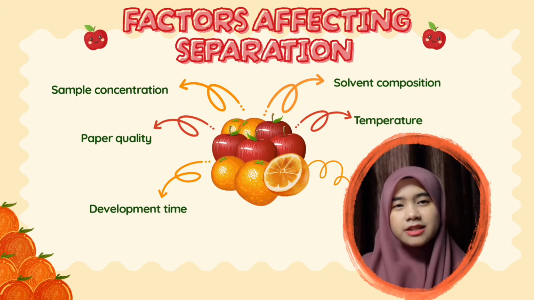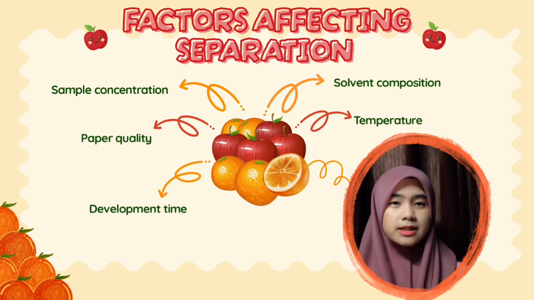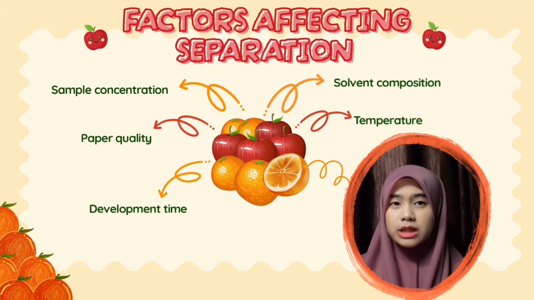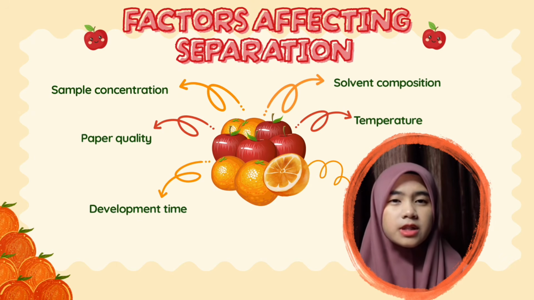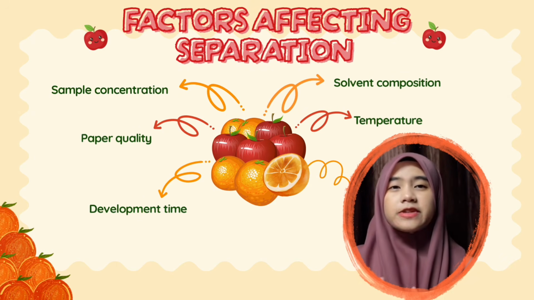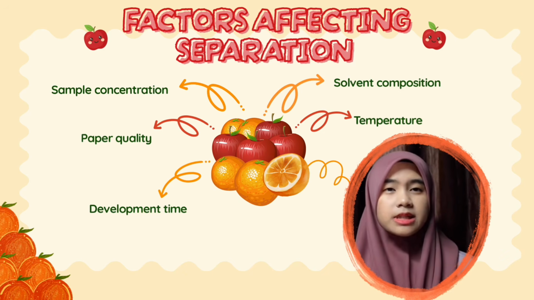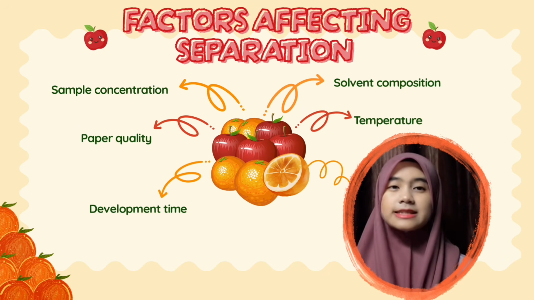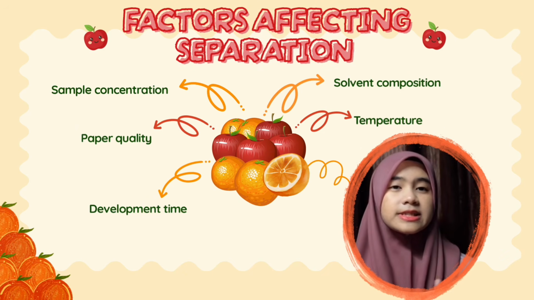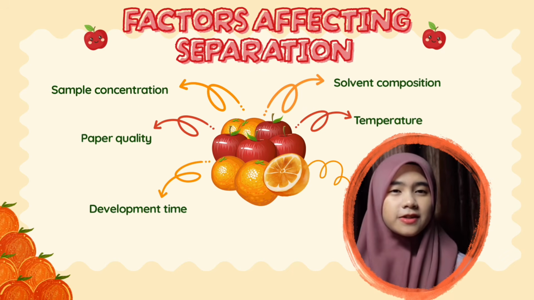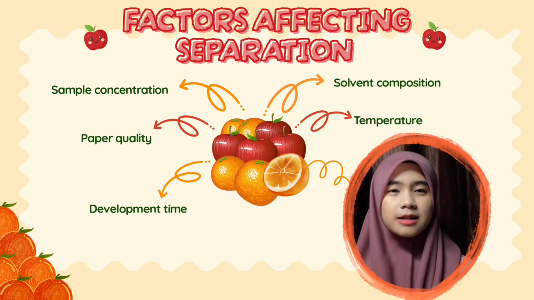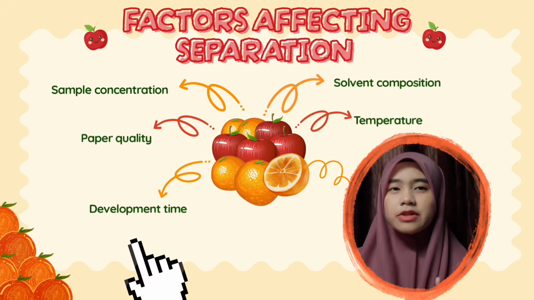In addition, if the sample is too concentrated, the spots may become too large or overlap, making them difficult to identify. The quality of the chromatography paper and the development time are also important because they affect the clarity of the separated spots. Therefore, controlling these factors helps ensure that the results are clear, reliable, and easy to interpret.